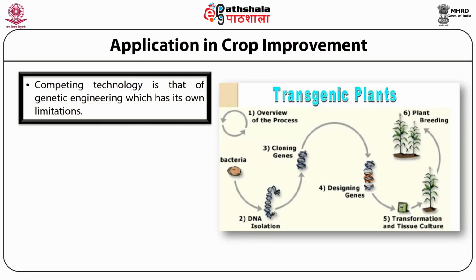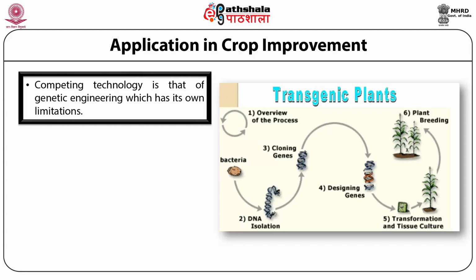The competing technology is that of genetic engineering, and in case of genetic engineering, you will learn that you isolate a DNA fragment which codes for a particular trait. You can clone that trait, and then through various means such as agrobacterium mediated or shotgun, you bring it to the genome of the higher plant.